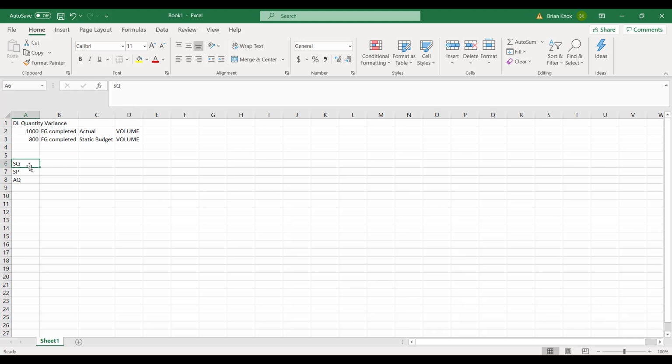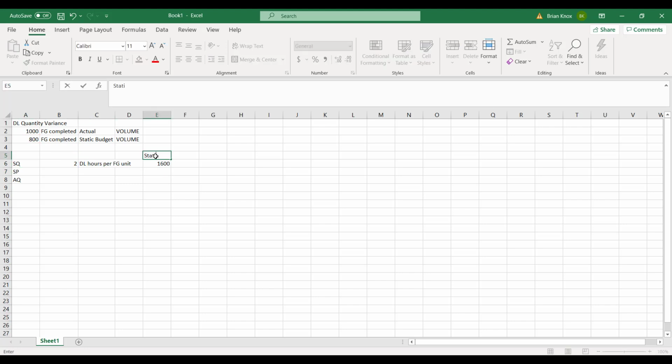We're talking about direct labor, so it's direct labor hours. Now let's just go ahead and say that there are 2 direct labor hours. Let's make that a separate cell. 2 DL hours per finished goods unit. And so in the static budget, the standard quantity typically is referring to the total.